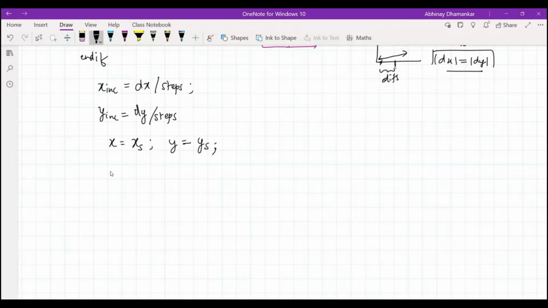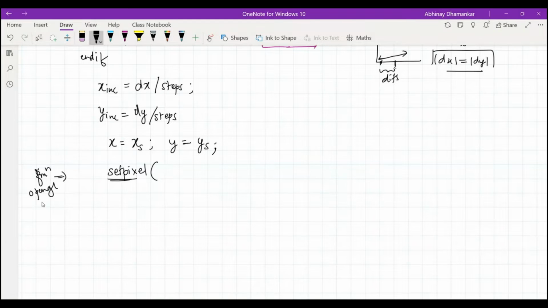Then it's time to now set the pixel. Set pixel. Okay, set pixel. Now set pixel is not a function of OpenGL. Okay, this function is not from OpenGL.